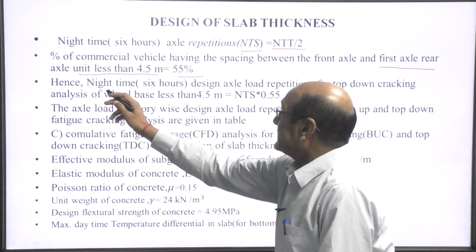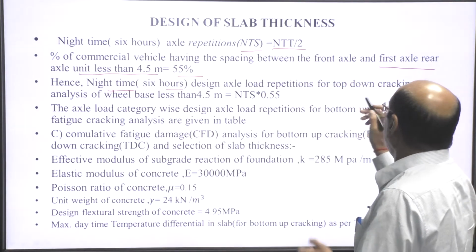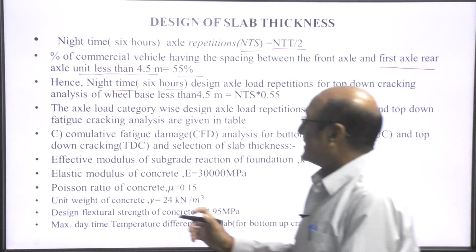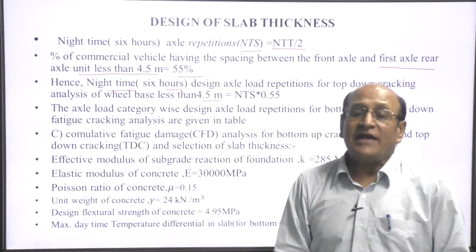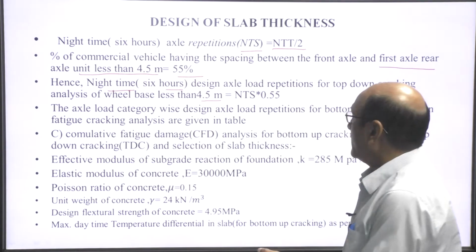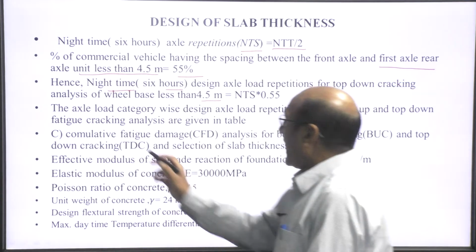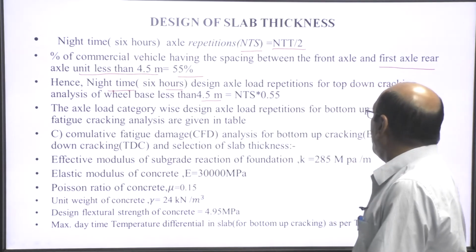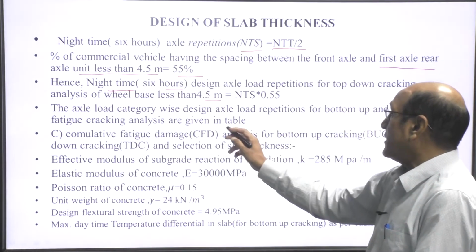Hence, for the night time 6 hours, the design axle load repetition for the top down cracking TDC analysis, for wheel load less than 4.5 meter, will be equal to NTS multiplied by 0.55. The axle load category wise design axle load repetitions for the bottom up or top down fatigue cracking analysis are given in the table.